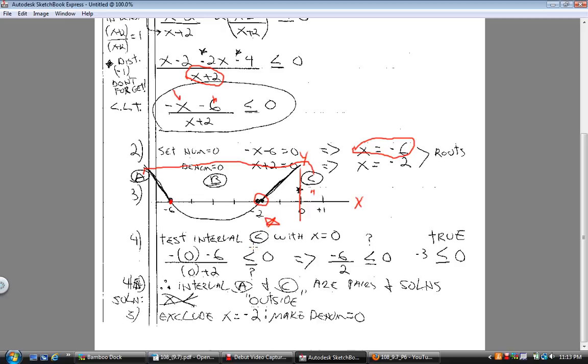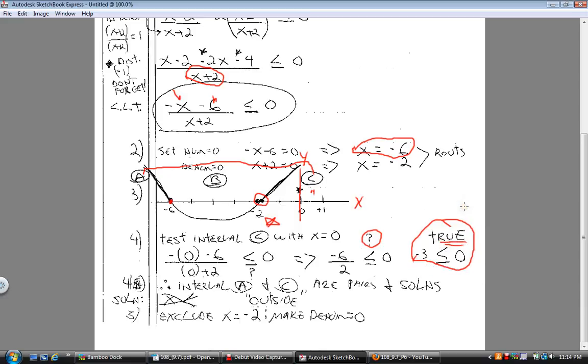It's not always B. We put 0 in for x, and we have -0 minus 6 divided by 0 plus 2, less than or equal to 0, resulting in -6 divided by 2. Is that less than or equal to 0? Don't forget that question mark there. You're trying to answer this validity test: is that a true statement or not? Finally, -3 is less than or equal to 0.